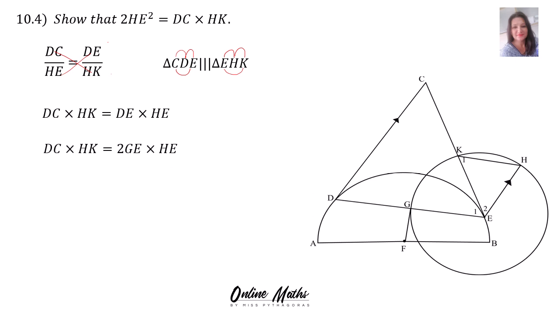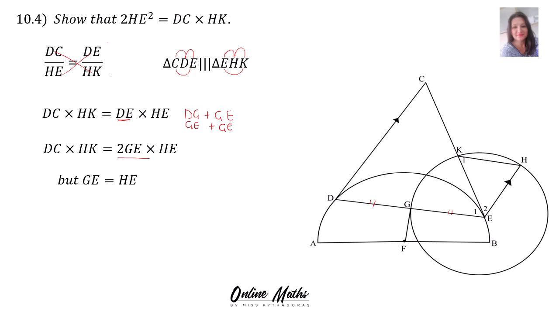And then what happened here? If you have a look at DE, there's DE. Can you remember we said that these two are equal? DG is equal to GE. So what I did was DE is the same as, let me write it here, DG plus GE, but they are equal. So you can write it as GE plus GE, which is 2GE.